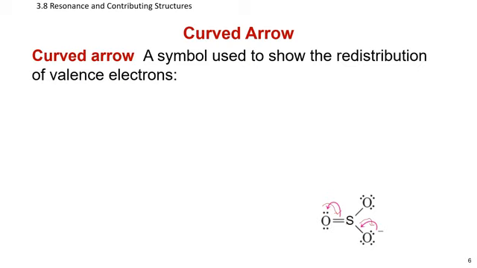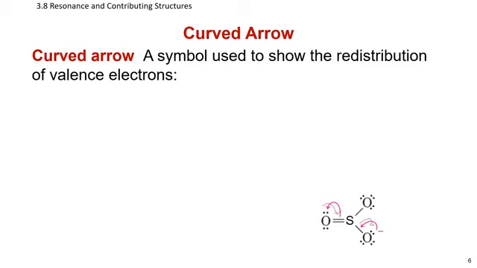Therefore, to describe the molecule, you have to draw two Lewis structures. So when you're doing organic chemistry later, you need this idea. Resonance hybrids are a blending of contributing structures into the real structure.